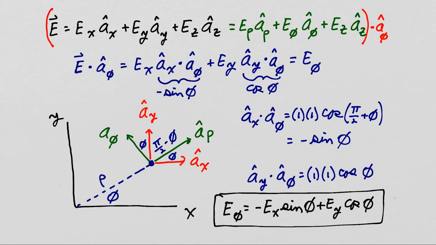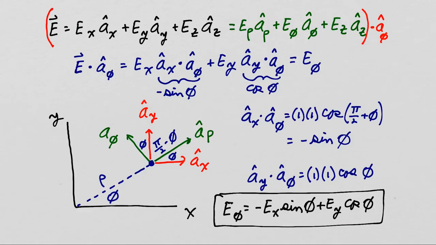The angle between ax and a phi is pi over 2 plus phi, so ax dot a phi will equal the cosine of pi over 2 plus phi, which is the same as minus sine of phi. The dot product of ay with a phi will be cosine of phi, leaving us with e sub phi equal to minus e sub x sine of phi plus e sub y times cosine of phi.